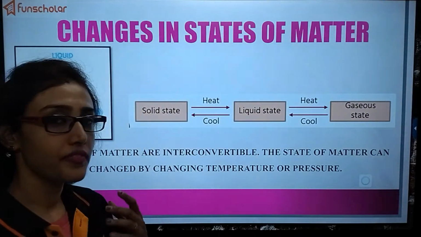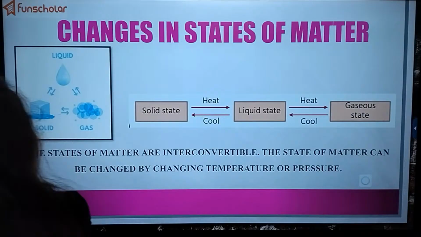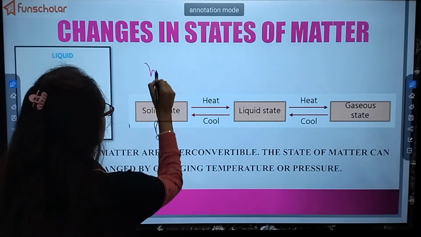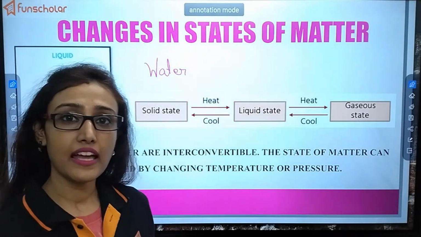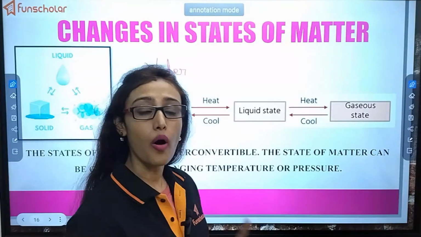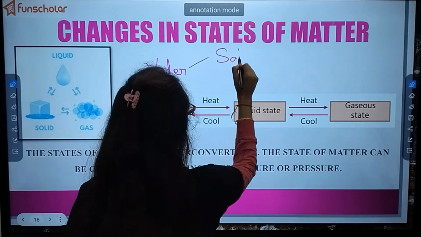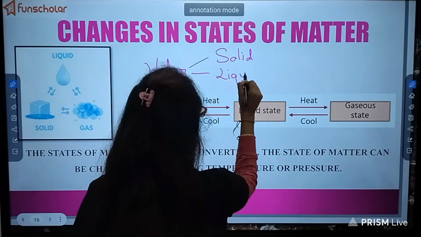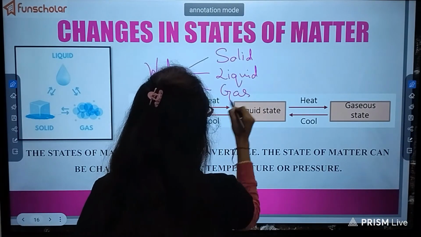For that, the perfect and easiest example that we can see is water. Water is such a state of matter that exists in three forms already: solid, liquid, and gas. How, ma'am?